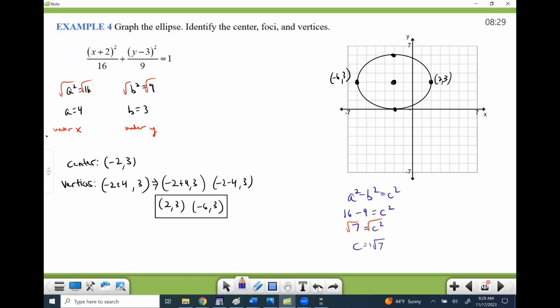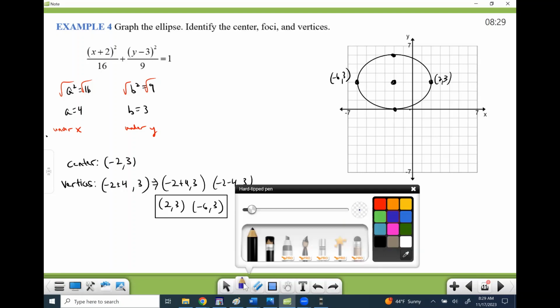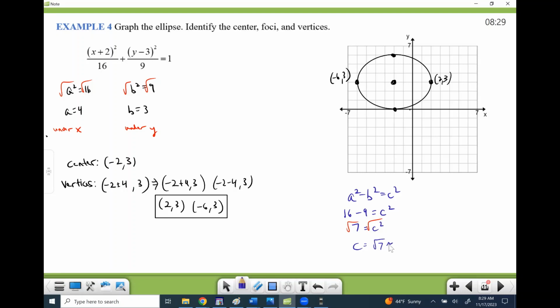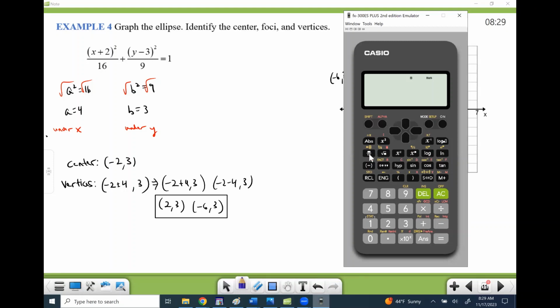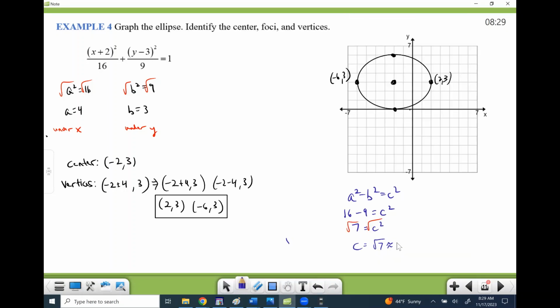I mean, it is a distance, but we're going to plus or minus it in the formula just because we're going to go to the right and to the left. Okay, and by the way, that's got to be what, 2 point something? Square root of 7? 2.6? All right, so 2.6-ish.